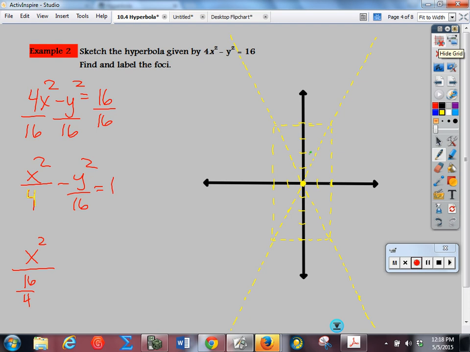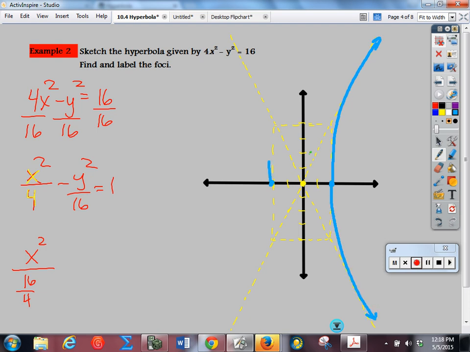Yeah, X. X is first, it's the positive one. So I know they're right here. And right here. And now you just draw it out. So make sure when you draw it out, you're just kind of going right here and then follow that out. And the blue part is the answer.